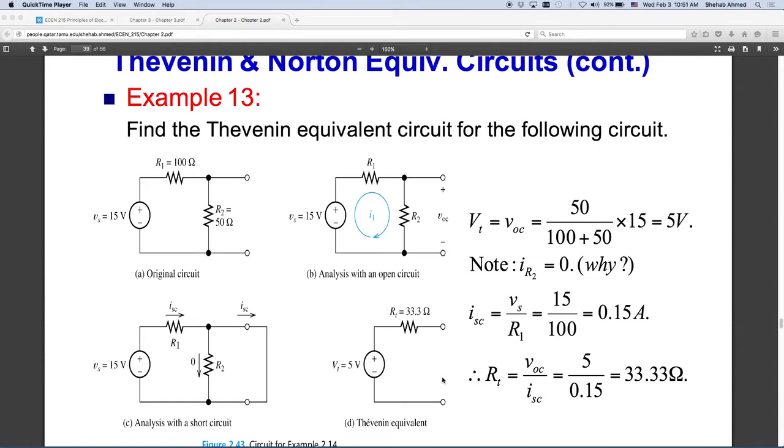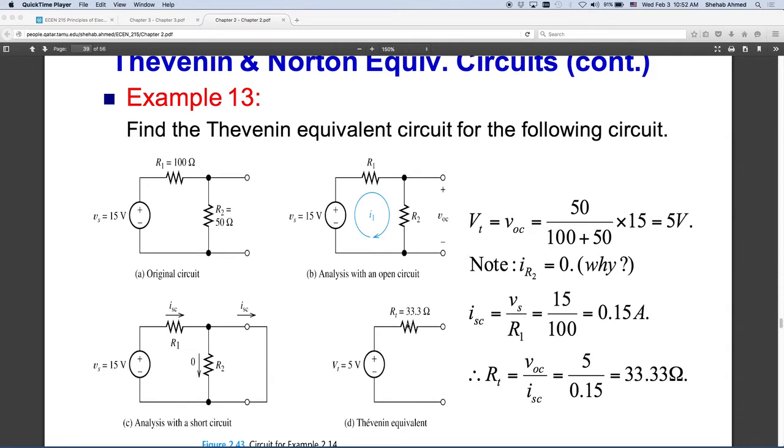Last time we asked how do we find R Thevenin and V Thevenin. The value V Thevenin is found by solving the original circuit and figuring out the open circuit voltage between these two terminals. The open circuit voltage between these two terminals is what is called the Thevenin equivalent voltage.